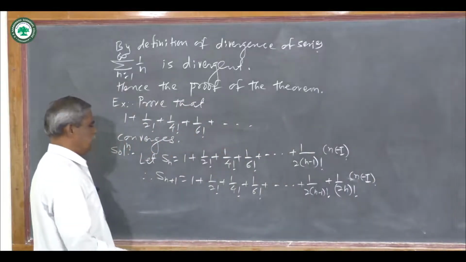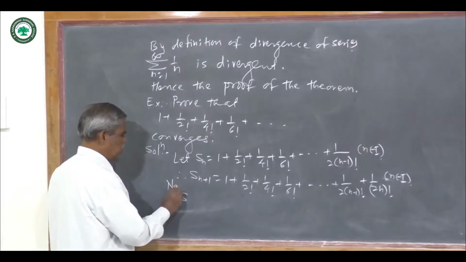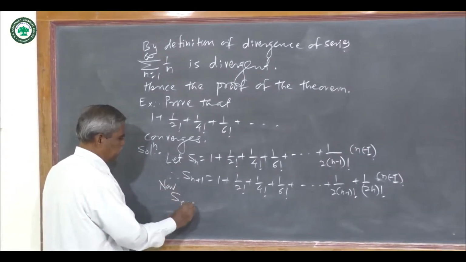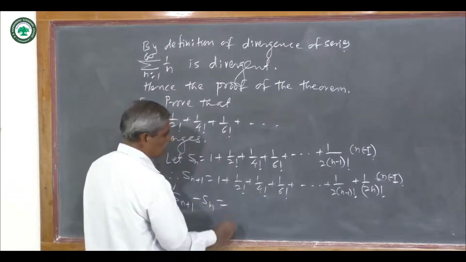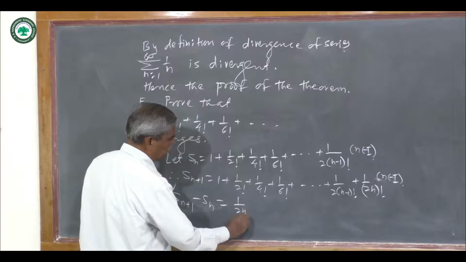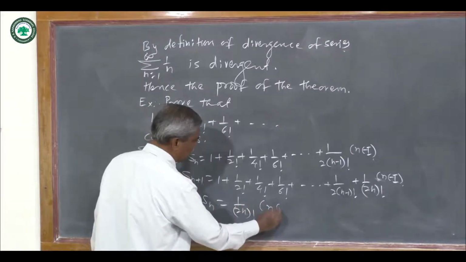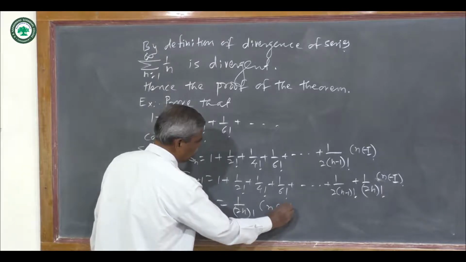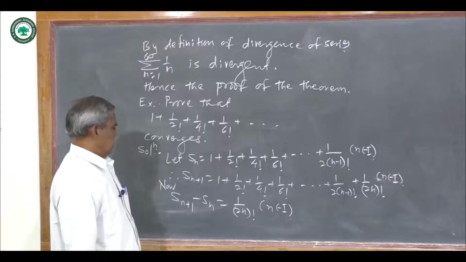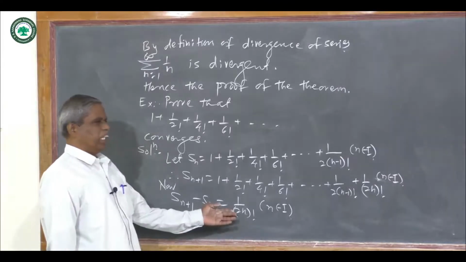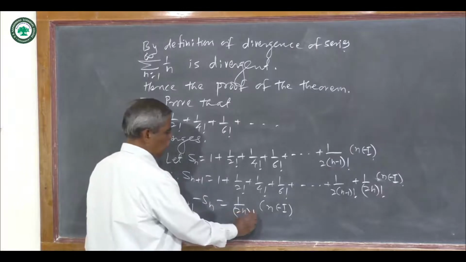Now, S suffix n plus 1 minus Sn is equal to 1 upon 2n factorial for every positive integer n. As n tends to infinity, 1 upon 2n factorial becomes 0.